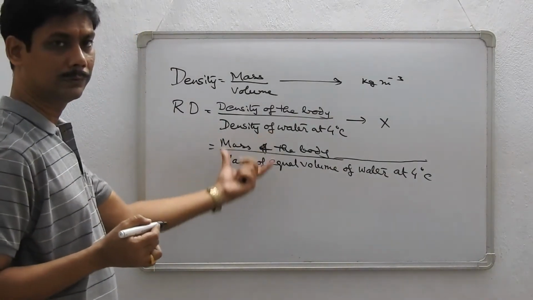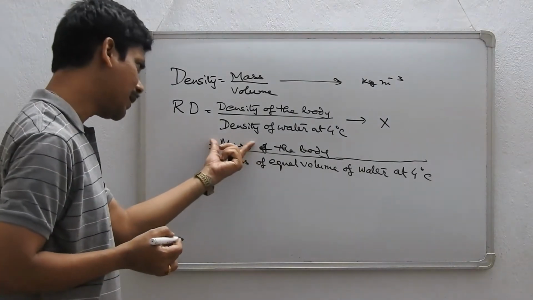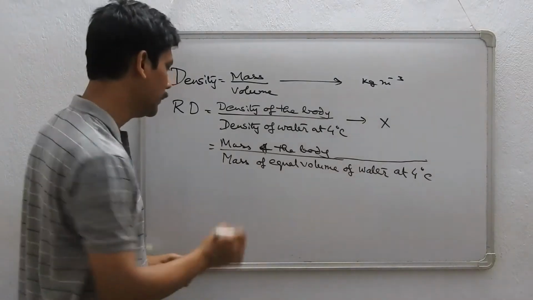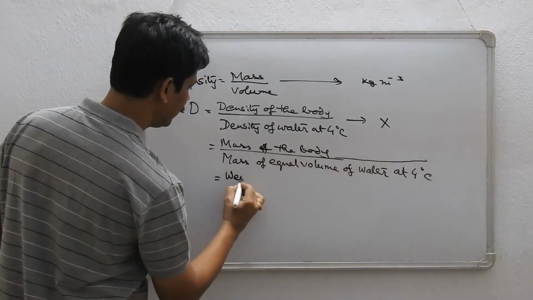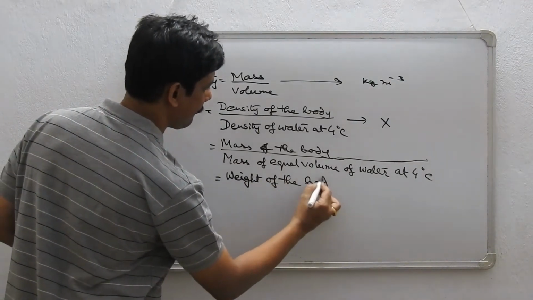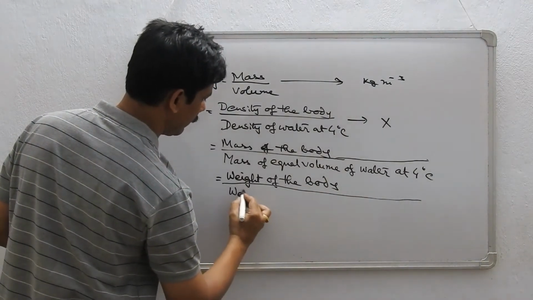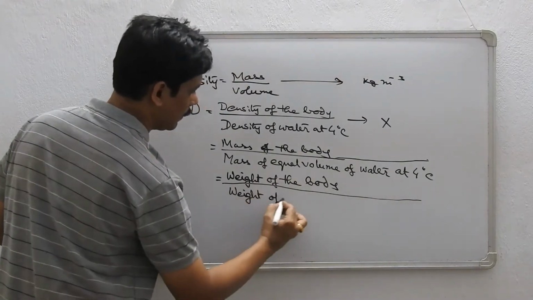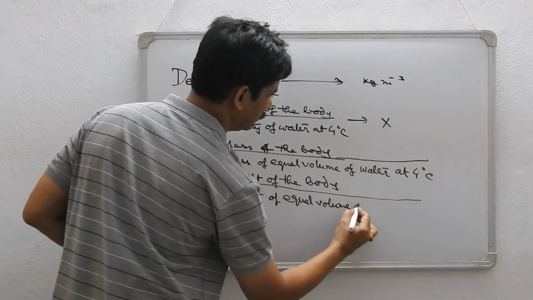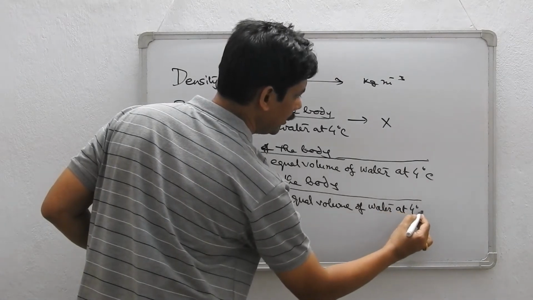If I multiply both by acceleration due to gravity, or rather as mass is proportional to weight of a body, the more the mass, more is the weight of the body, we can also write it as weight of the body by weight of equal volume of water at 4 degree centigrade.